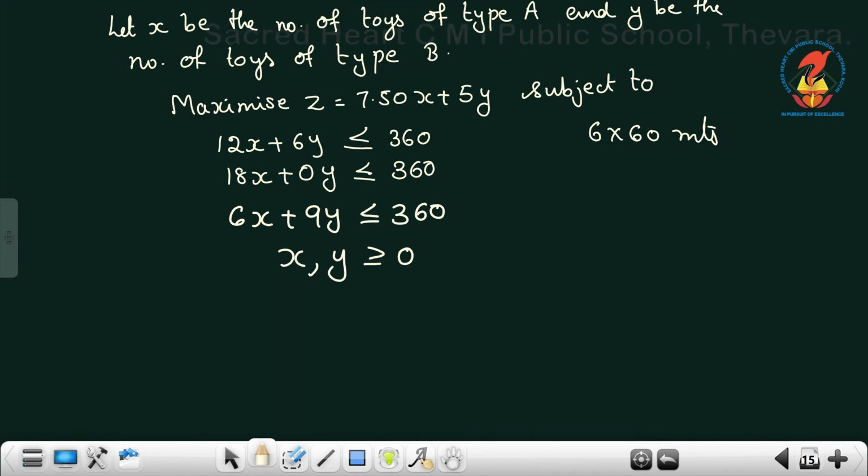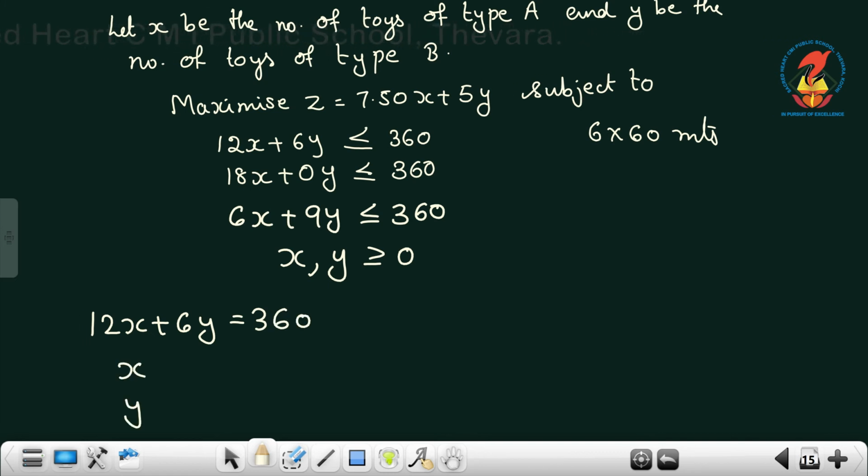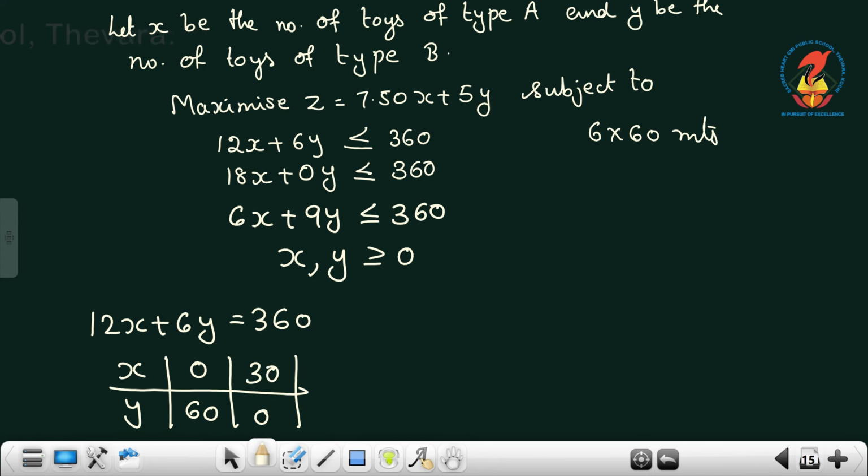Now draw the table. 12x plus 6y is equal to 360. So x, y: when x is 0, y is 60, when y is 0, x is 30. Now 18x is equal to 360, that is x is equal to 20.